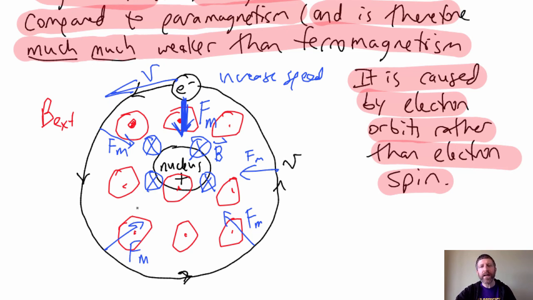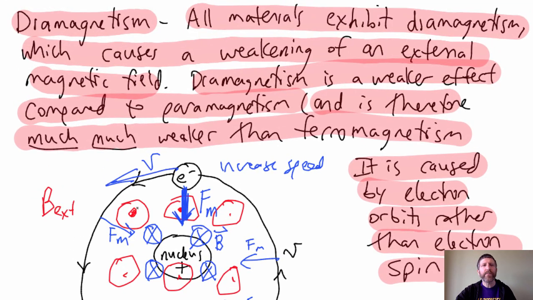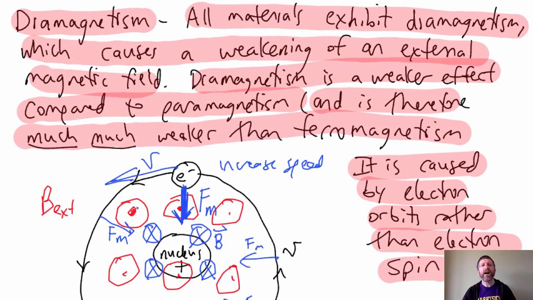One way you can remember that is that diamagnetism is just like a dielectric. What does a dielectric do to the external field when it's in a capacitor? A dielectric weakens the external field, and that's how you can have more charge on your capacitor, because it weakens the field. A diamagnetic material, which is all materials, will also weaken the magnetic field.